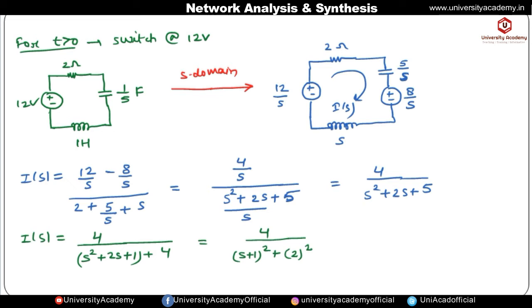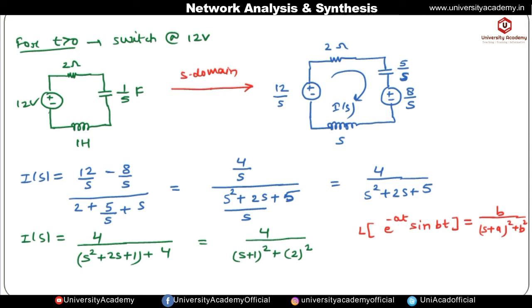Now this is matching with the standard form, so we know that the Laplace transform of e to the power minus at into sine of bt is given by b by s plus a whole square plus b square. Now the value of a in this case is 1 and the value of b is 2.